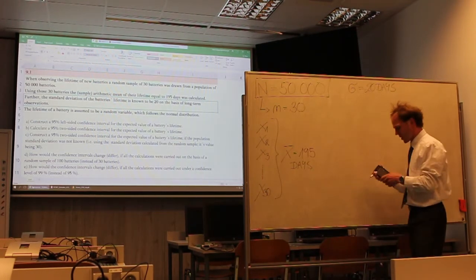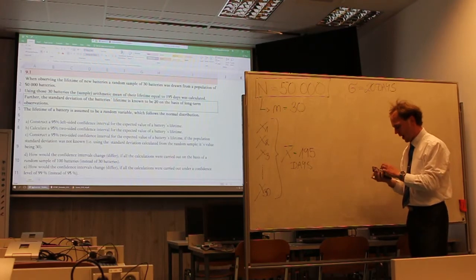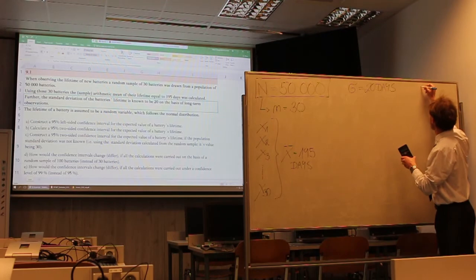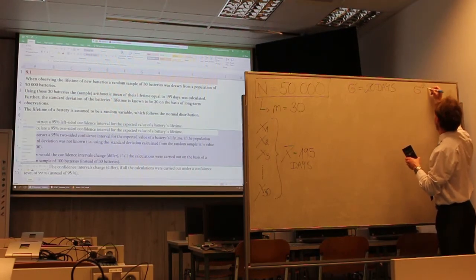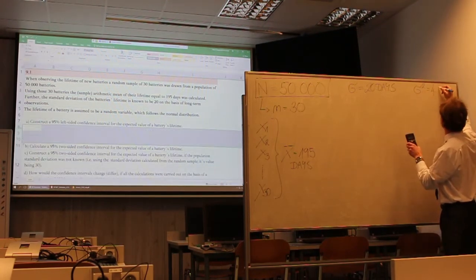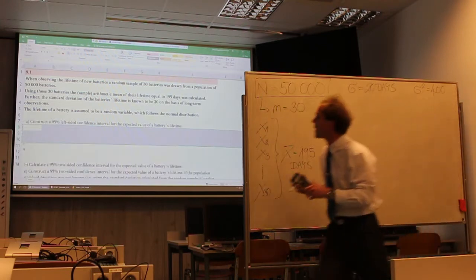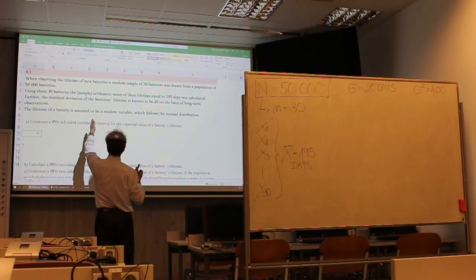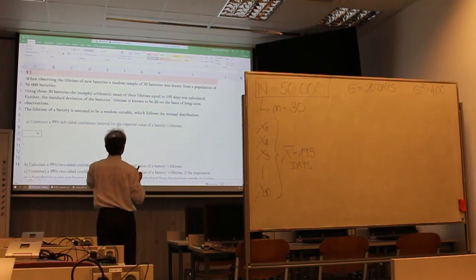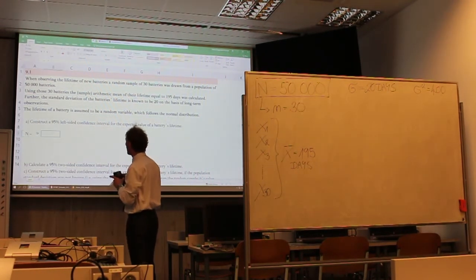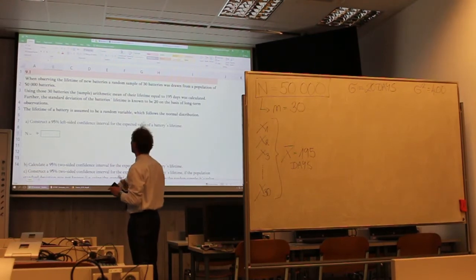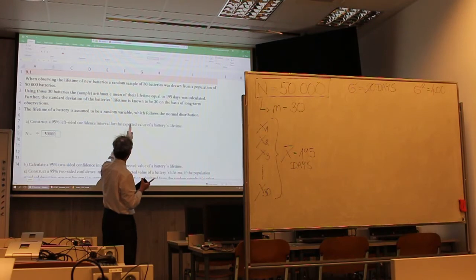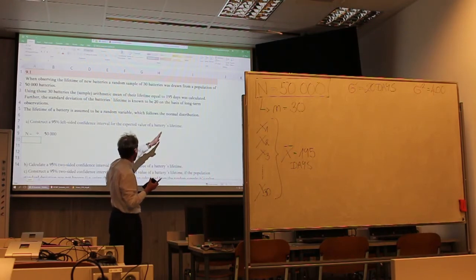If you calculate the second power, you have the variance: 20 squared is 400. So sigma squared is equal to 400. The lifetime of a battery is assumed to be a random variable which follows the normal distribution. We will construct a 95% left-sided confidence interval for the expected value of the battery's lifetime.